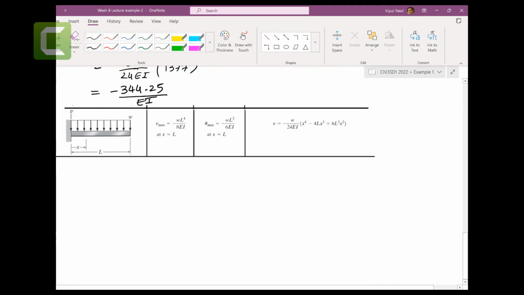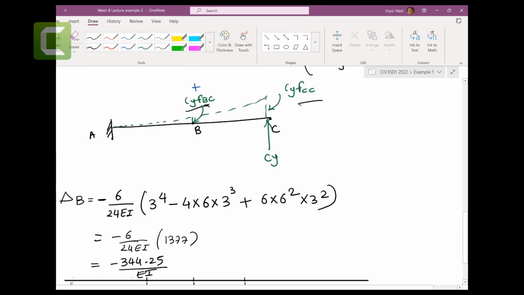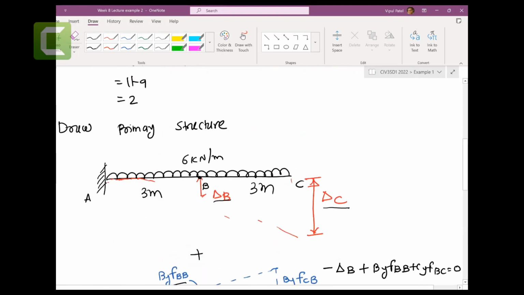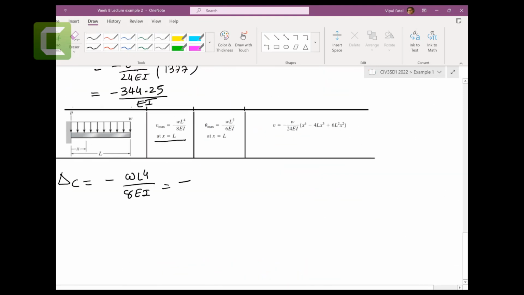Now let's find deflection delta C. I think this is the maximum one. So it's WL to the power 4 over 8EI, minus, because it's going down. W is 6, length is 12, so minus 6 times 12 to the power 4 over 8.